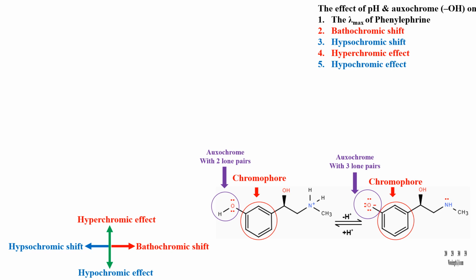So under basic conditions, you find 3 lone pair of electrons on the oxygen atom and 1 lone pair of electron on the nitrogen atom. While under acidic conditions, you find 2 lone pair of electrons on the oxygen atom and there is no lone pair of electron on the nitrogen atom in the side chain.